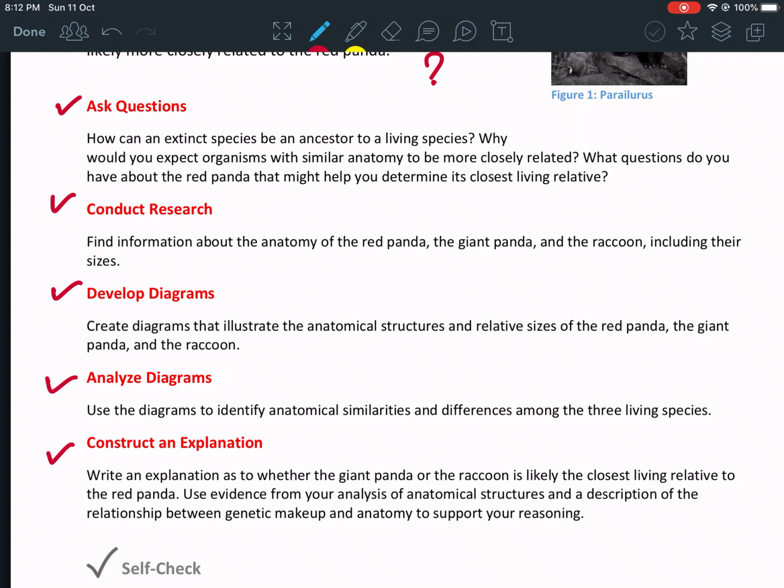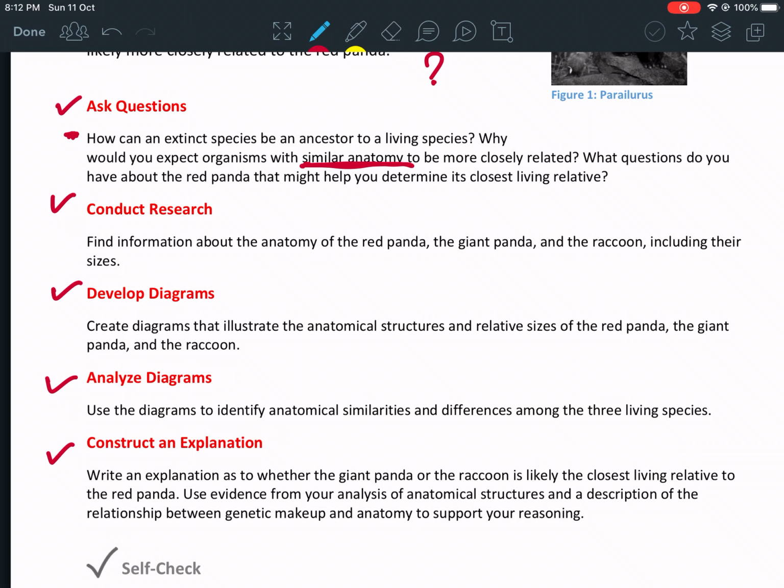You have to go back to our lesson and remember what we studied and do your own research. Would you expect organisms with similar anatomy to be more closely related? We're talking about similar anatomy here, remember that? What questions do you have about the red panda that might help you determine the closest living relative?